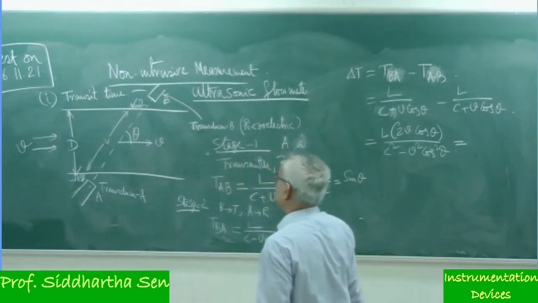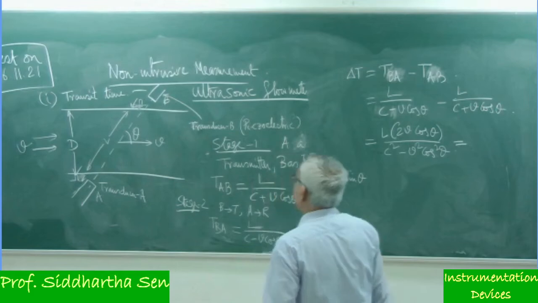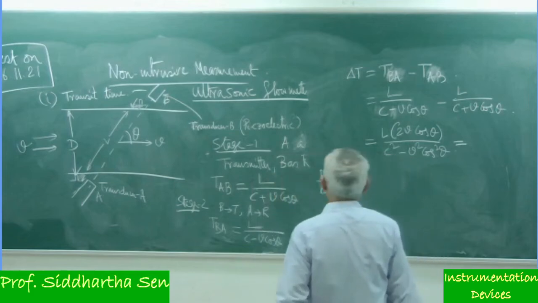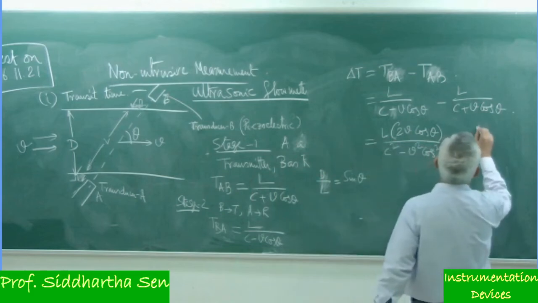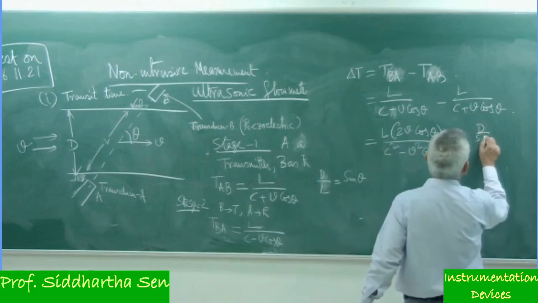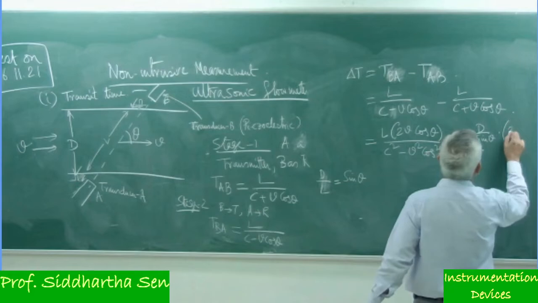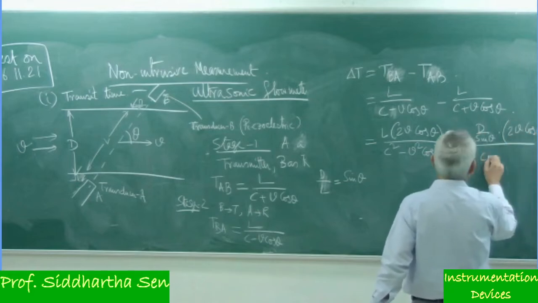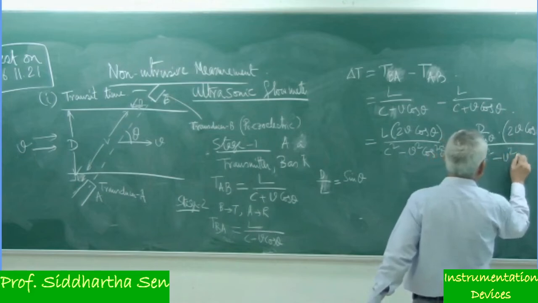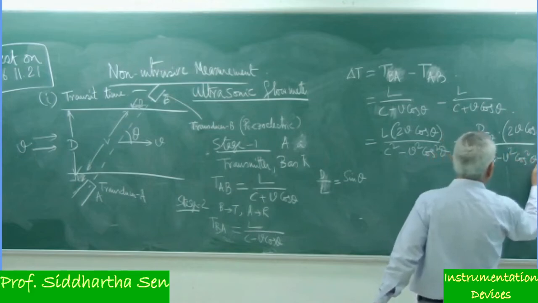Is it? So if it is so, then instead of L, I can say d by sine theta, into 2v cos theta divided by c square minus v square cos square theta.